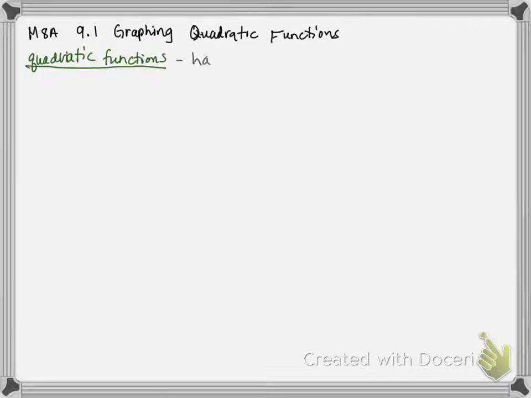It has a degree, that's the exponent we're talking about, of 2. That's going to be the largest exponent. And a non-linear graph. We're going to talk about that graph, which is called a parabola, in just a little bit.